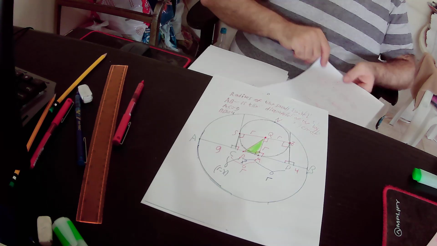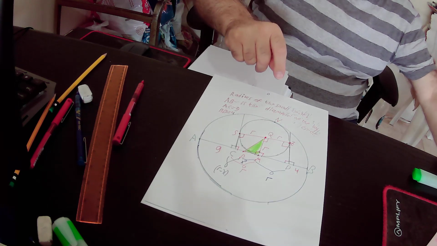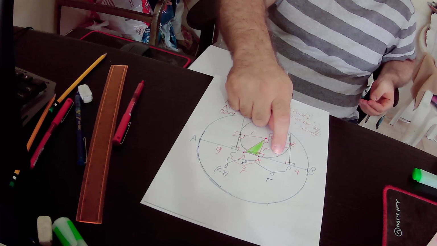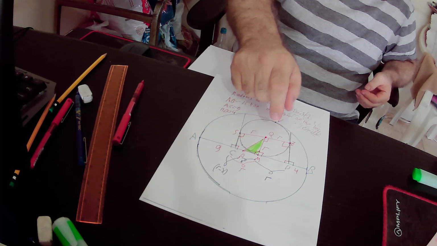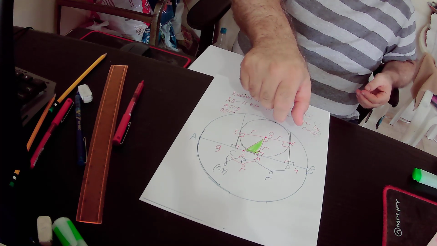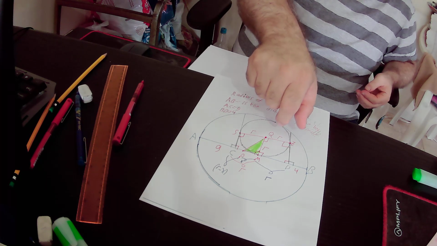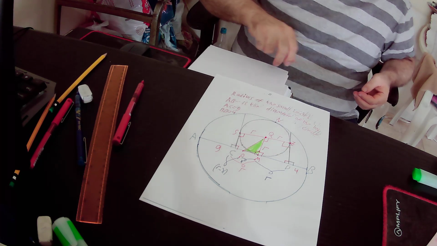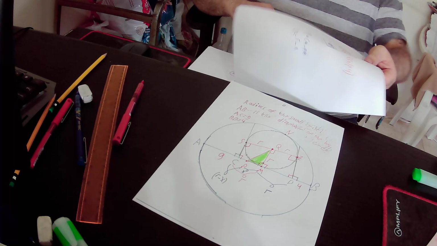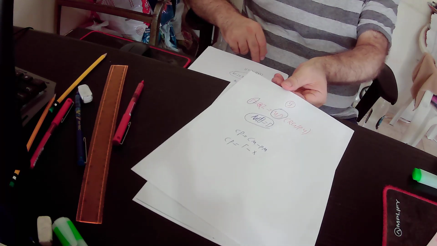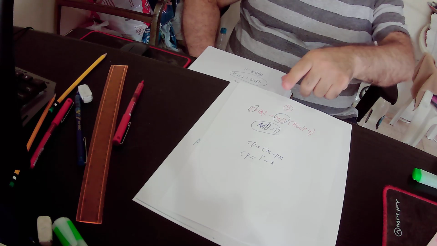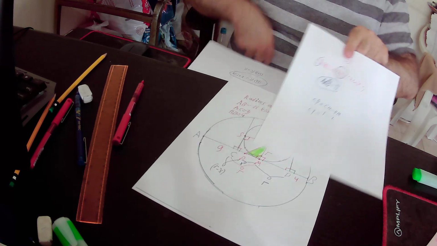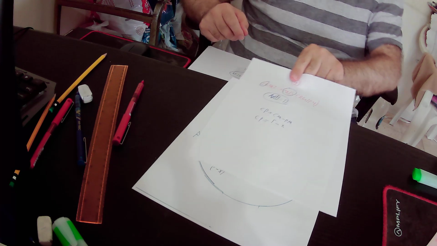Quadrilateral QZMD is a rectangle according to rule number 3, and according to rule number 4, the opposite sides of this rectangle are equal to each other, so QZ equals MD.